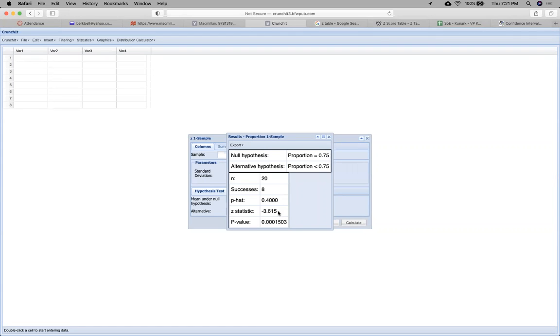The p-value represents the likelihood. Let me write it out here.